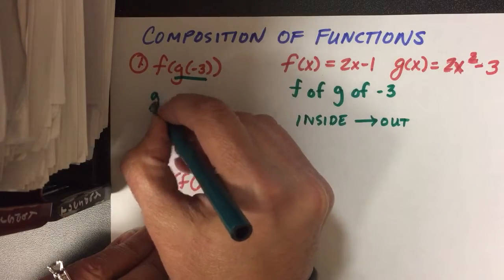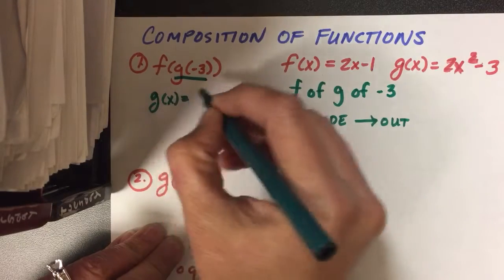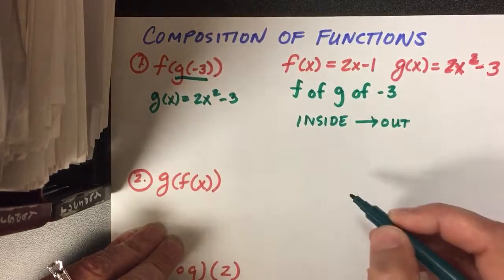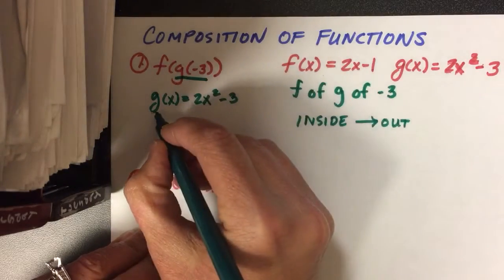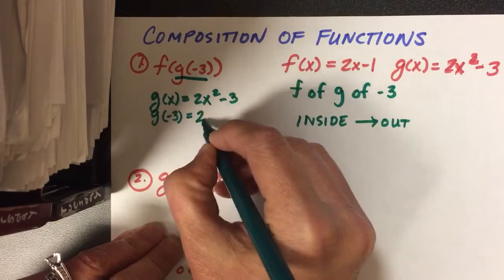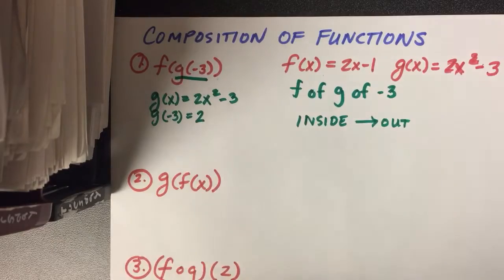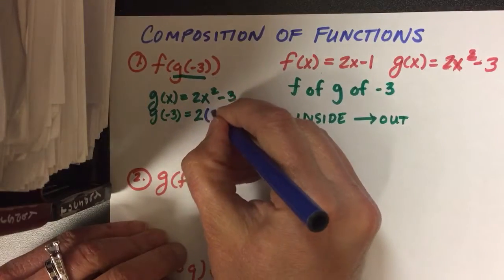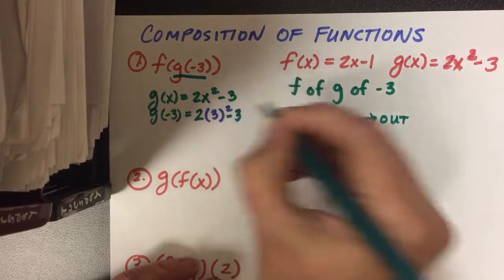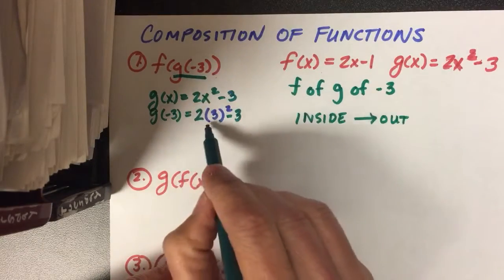Since g of x equals 2x squared minus 3, for g of negative 3 I'm going to plug in a negative 3, and you always put parentheses around your substitutions. I'm going to input a negative 3 in where I saw an x.